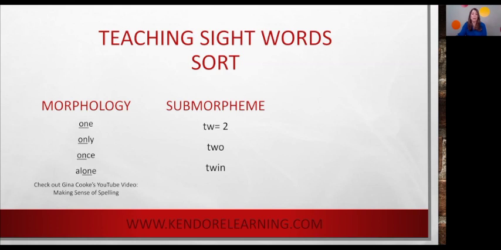It still doesn't say two, so it's not really helping them out phonetically, but it is going to help them categorize these highly frequent words and do it more quickly so you can spend more time on other things. And the word twelve is also a TW word, and twenty and twist and twine, and there's quite a few of them that refer back to the meaning of two.